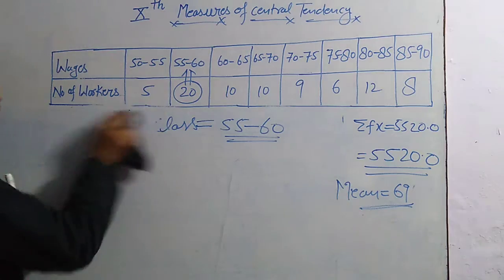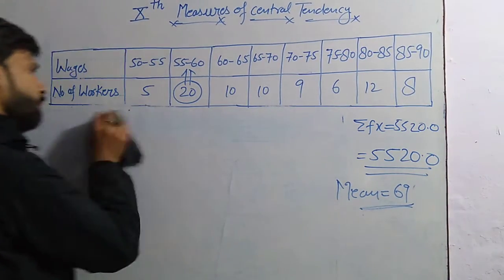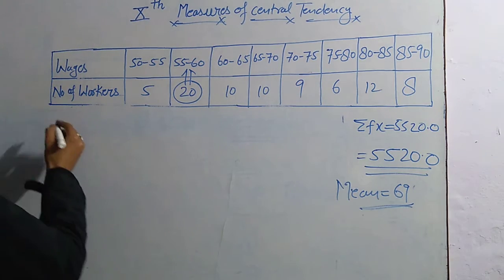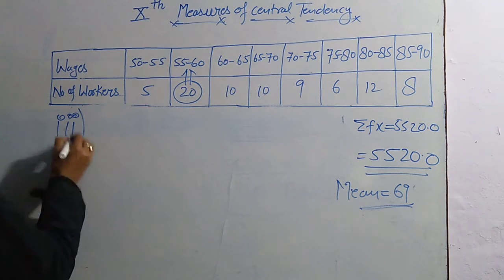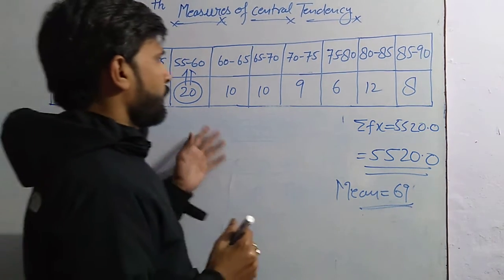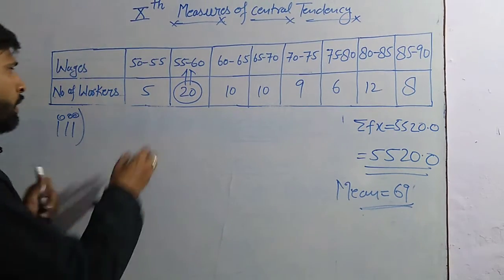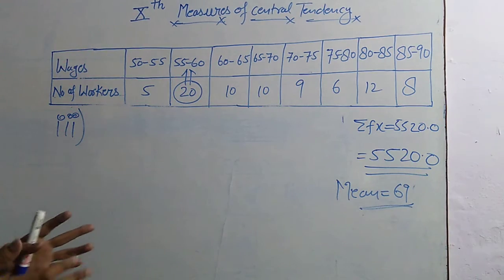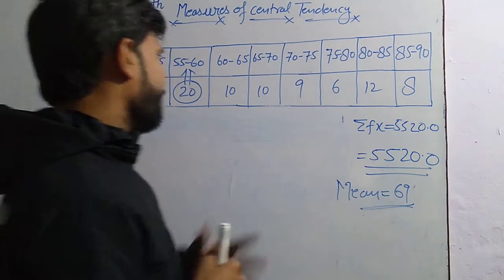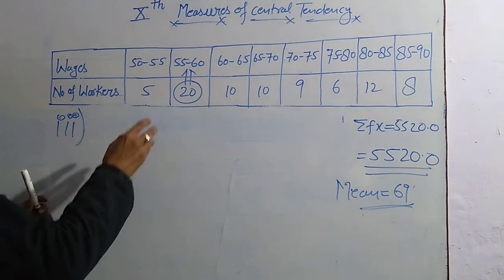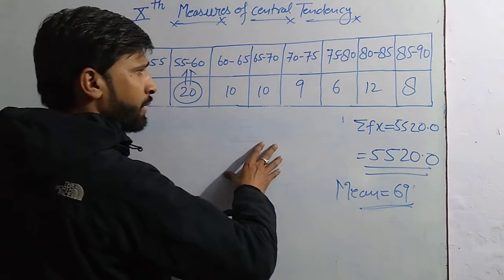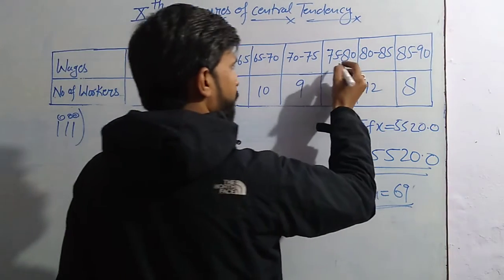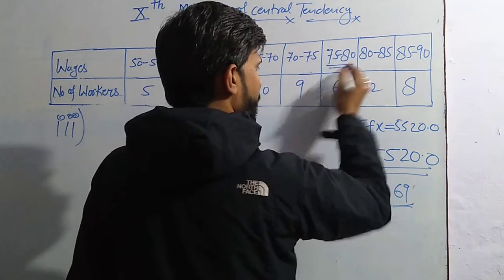Now the third part of the question is workers getting wages below rupees 80. Then first, 80 is here.